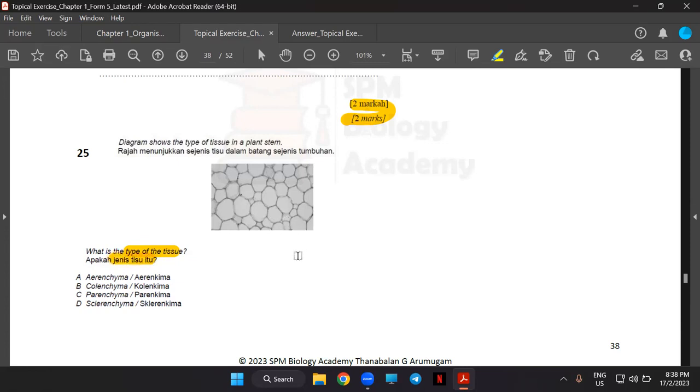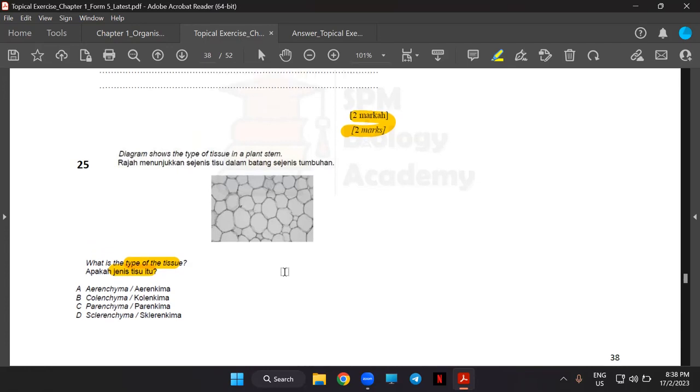Jadi kalau kita lihat gambar ini, satu ciri yang nampak dengan jelas ialah sel wall dia sangat nipis. Jadi apakah tisu yang mempunyai sel wall yang sangat nipis?